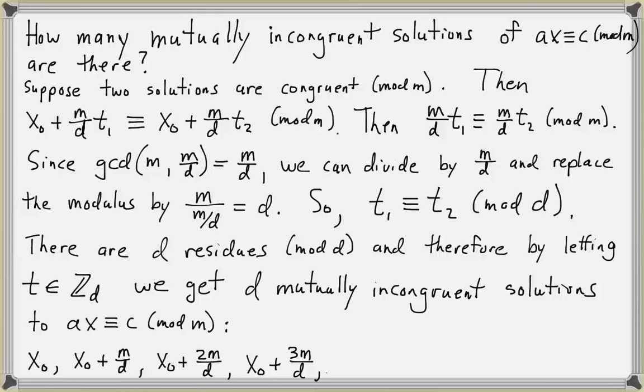Okay, so I'm letting the integer t be 0, 1, 2, 3, and so on up to d minus 1. So x0 plus d minus 1 times m over d. So these are all mutually incongruent solutions to the original congruence. So we have completely determined the solutions to any linear congruence.